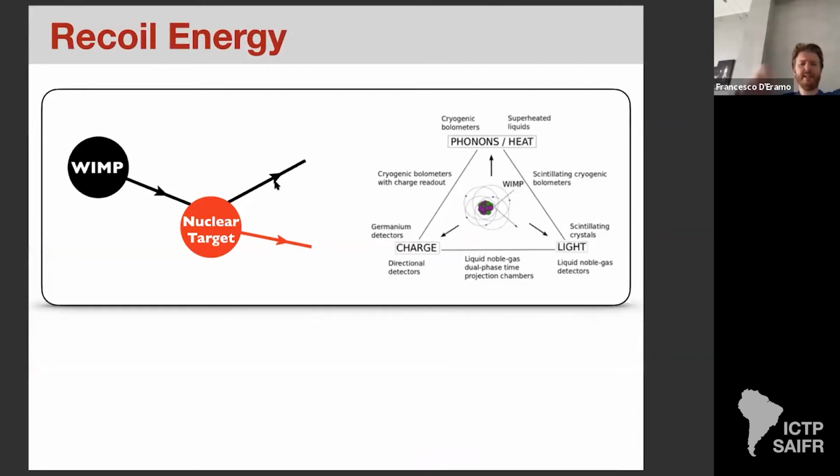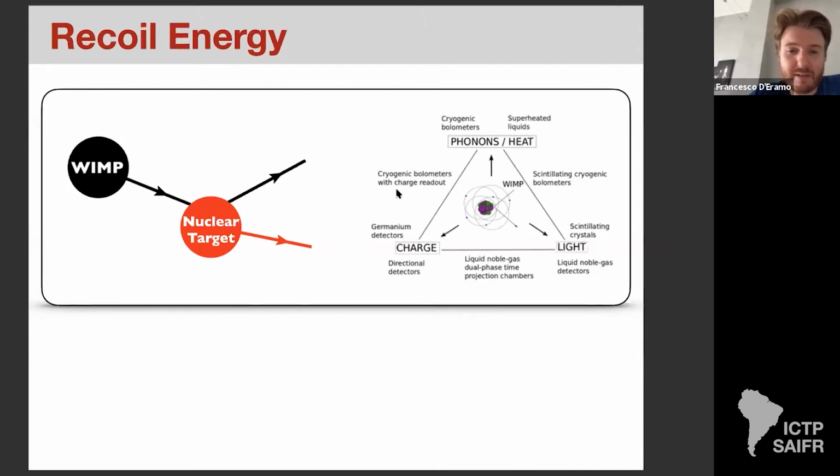Of course, the experimental observable that you observe is the recoil energy of this nuclear target, but the way you reconstruct the energy is through a complicated combination of these different signals. And you can ask me questions if you want, but I'm not sure I will be able to answer.